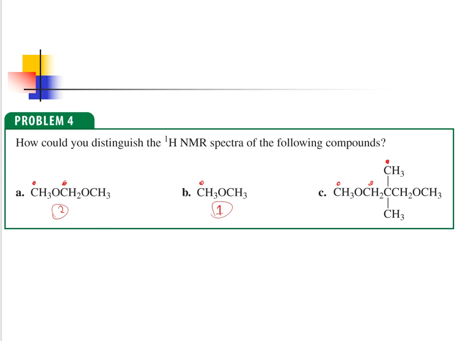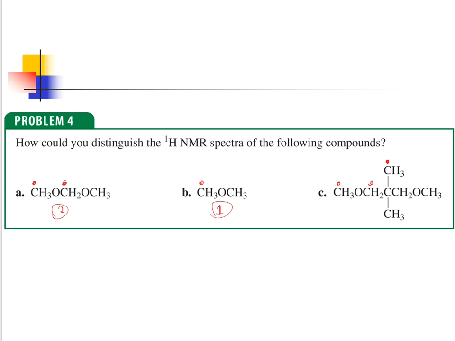Then we go to another CH2 group. This CH2 group, we also have a CH2 group to the left. Are they the same or are they different? Well, this CH2 has a carbon attached to two methyls and an oxygen as neighbors. And this CH2 group to the left has a carbon with two methyls and an oxygen as neighbors. So it looks like this would be the same signal. We've already taken care of that one.